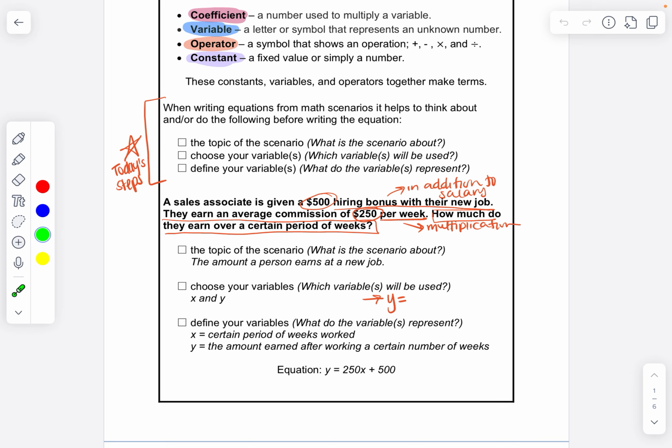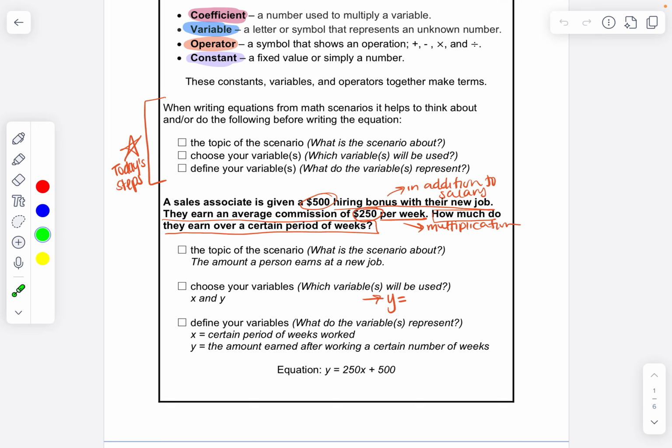So when it says a $500 hiring bonus with their new job, there is no common math buzzword that students will think about to figure out if there's an operation that they can use. Students also may not have jobs, they're not making salaries, they may not know what a hiring bonus is, so you'll have to explain to them the context of that.